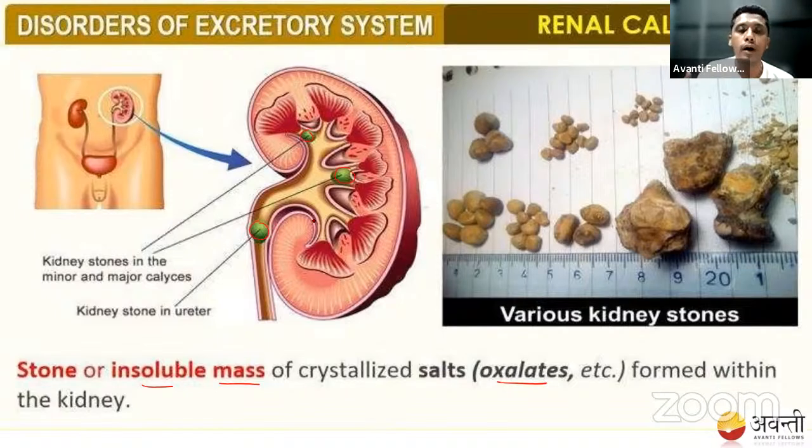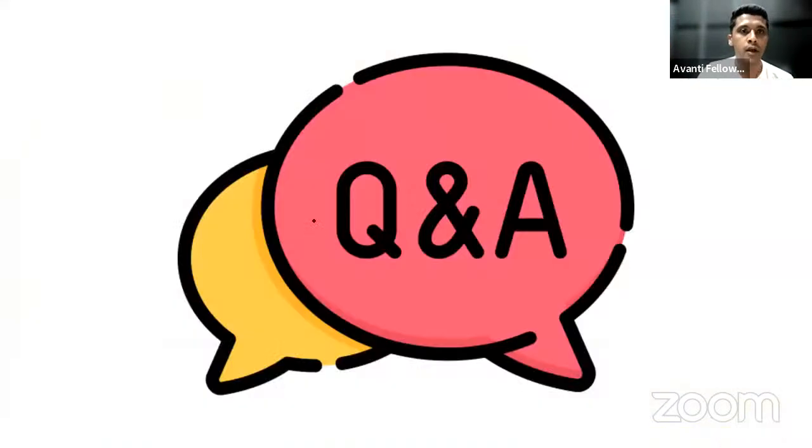The people who have kidney stones undergo chronic pains, difficulty and a burning sensation during urination. Usually it is either released, or it is removed by laser treatment or through surgery. So these are two very common disorders of the excretory system. Please remember this.